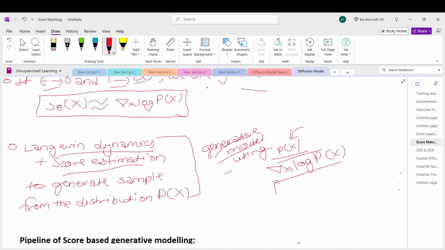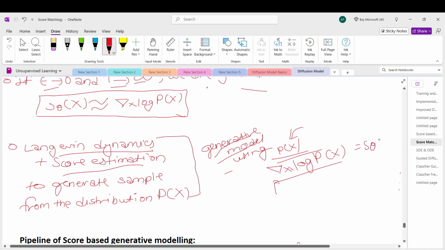So our goal is to find the score of any distribution p of x. p of x can be the distribution of images of cats, dogs, or anything. We find this quantity using our neural network s_theta of x, approximating the gradient of log p of x, and using this score we employ Langevin dynamics.